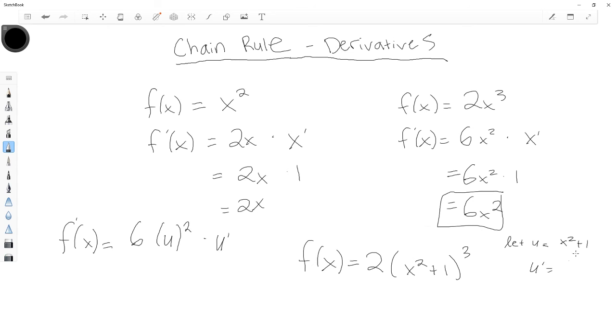The derivative of u will be 2x plus 0, and so 6, rewrite this, x squared plus 1 squared times 2x, and that's a lot different than multiplying by 1 because we actually have something inside of our function. So this will be 12x, x squared plus 1 squared, and that is our answer.